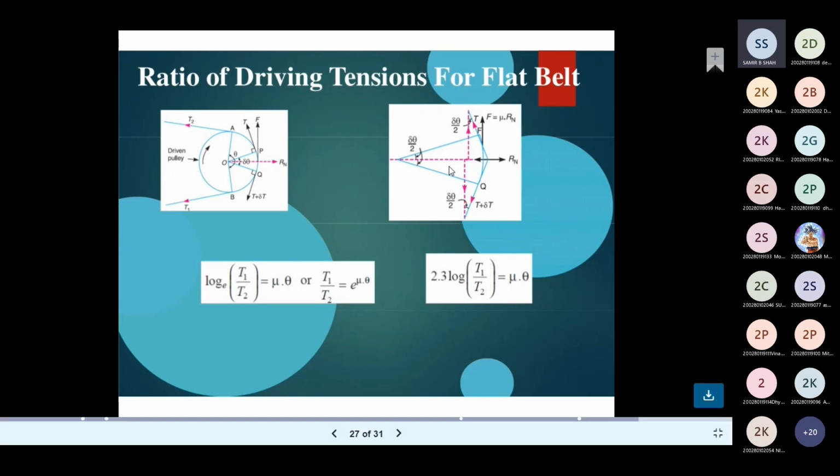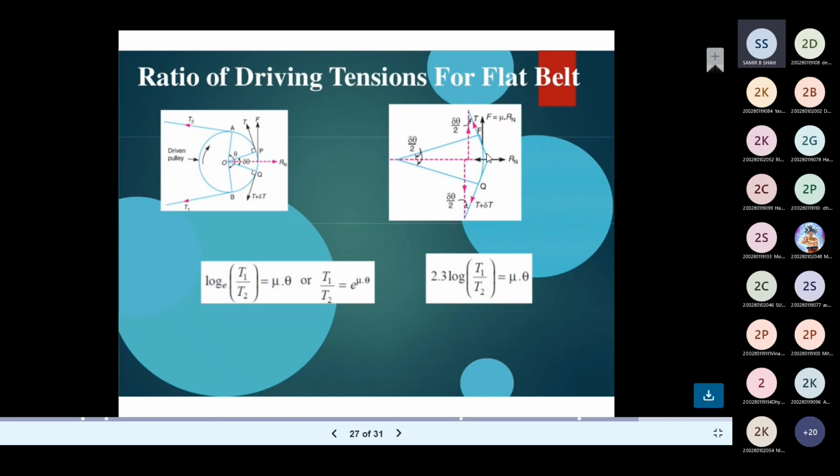As we know, the frictional force is there, and the frictional force F is equal to mu into Rn, which is equal to (T plus del T) cos del theta by 2 minus T cos del theta by 2.